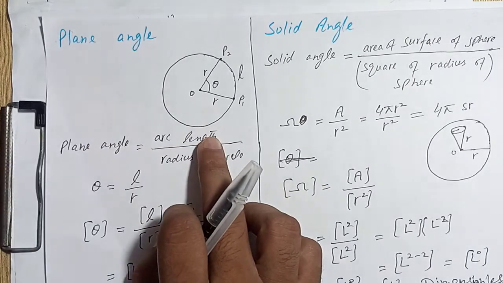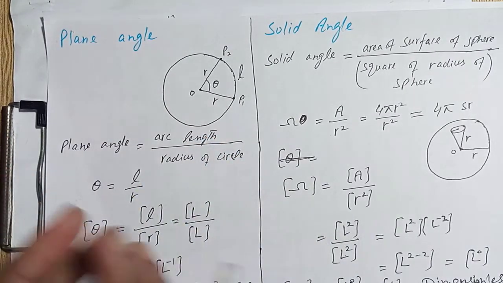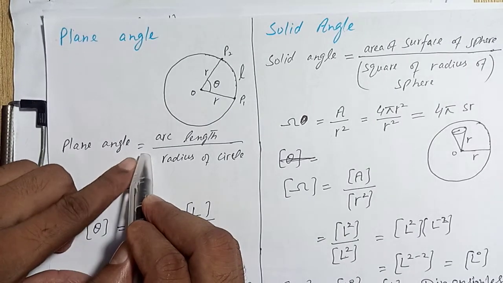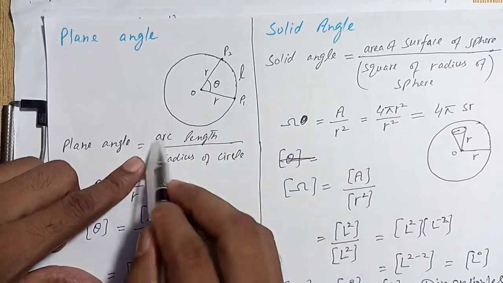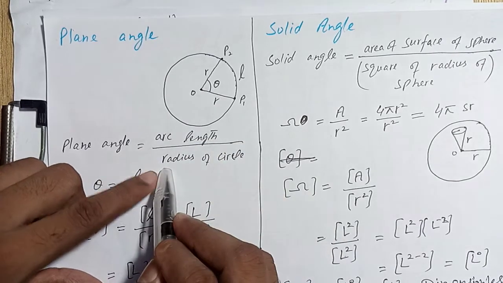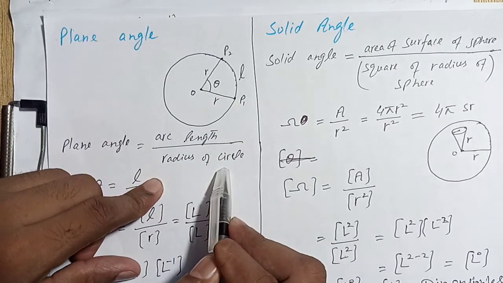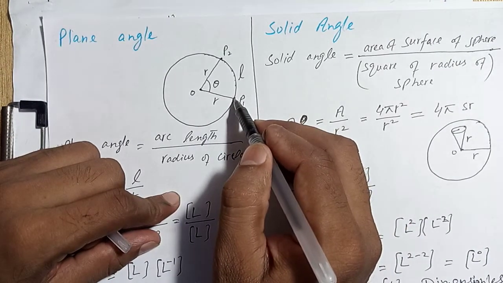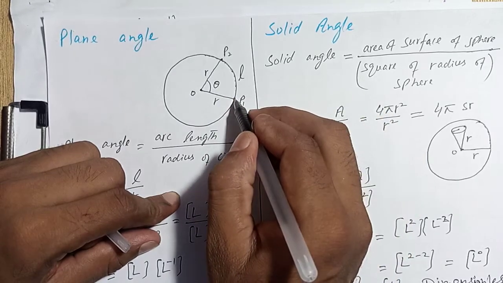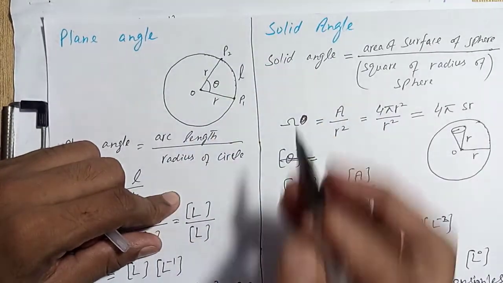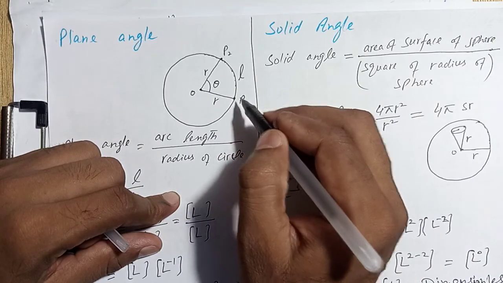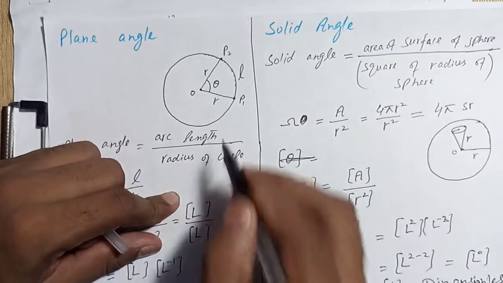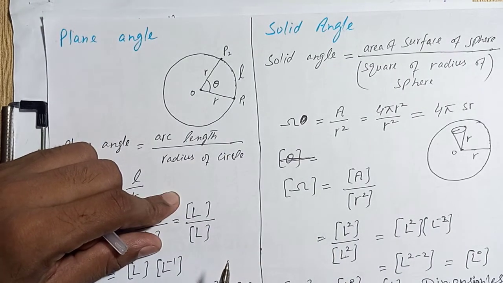Plane angle is a two-dimensional angle, and we define plane angle as the ratio of the arc length of a circle divided by the radius of the circle. If we mark two points on the circumference of a circle as P1 and P2, the distance from point P1 to point P2 on the circumference is called the arc length of the circle.